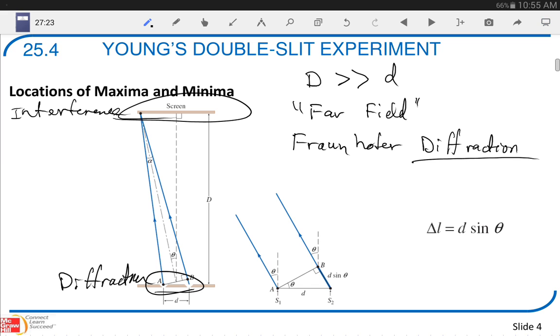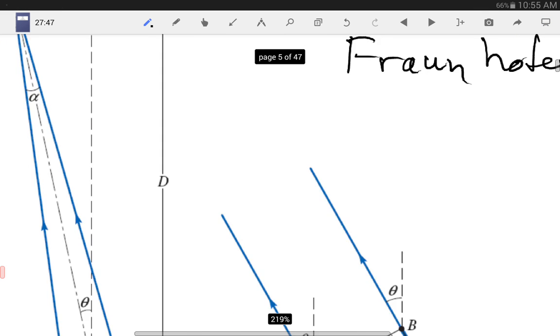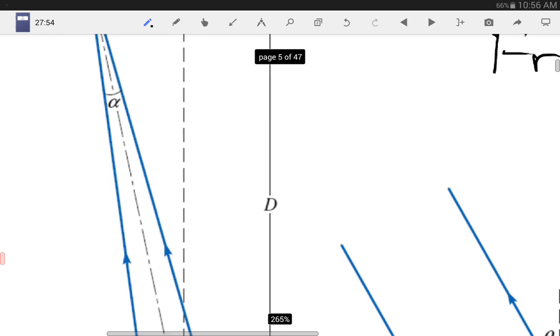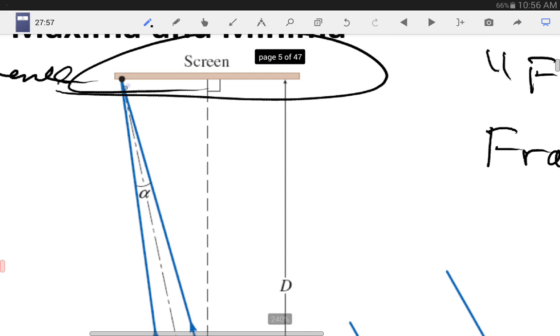Okay, looking at the geometry, there are some important things. I got to erase this so you can see more clearly the geometry here. There are some important things to identify here, things that I kind of garbled yesterday for the three of you. The definitions of angles. We defined the angle theta as the angle between the normal to the slits and the direction of the point we're looking at on the screen.